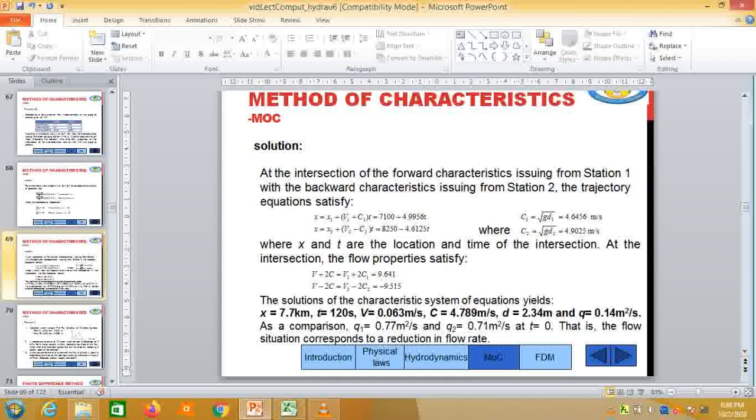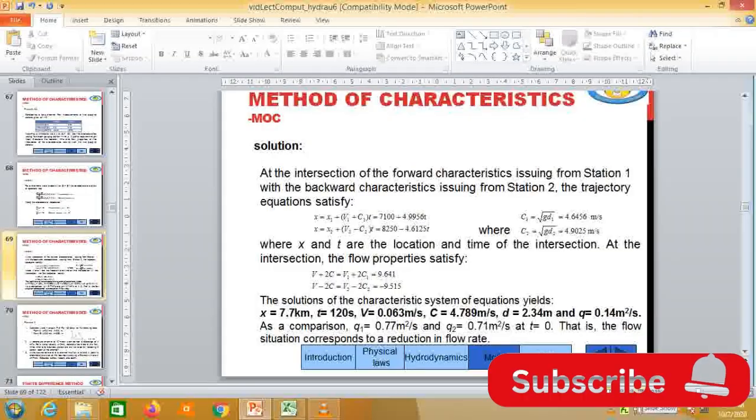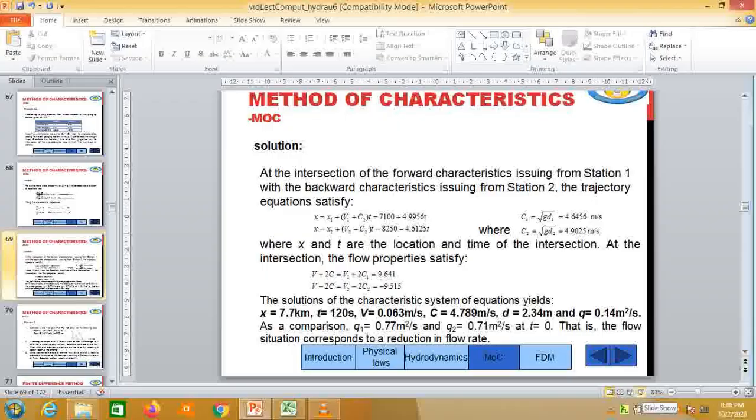So we are able to calculate now the flow characteristics, the location, and the time. Now we can employ this analysis for detailed analysis for a number of points in a given cross section of a stream.